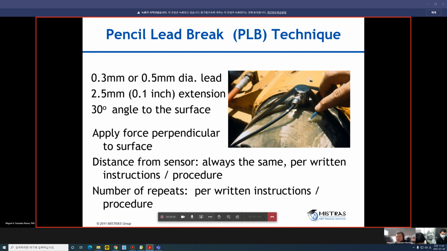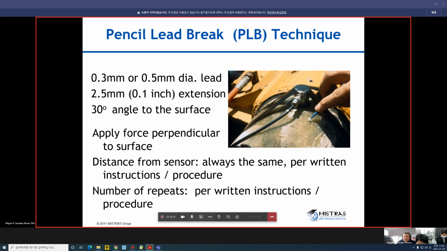Okay, so at the beginning, let's say we break the pencil lead, and then the sensor detects the amplitude of the signal. Yes. And then, what's next?